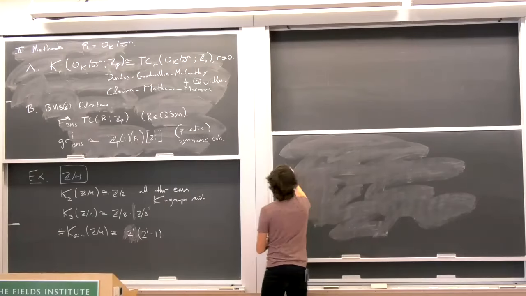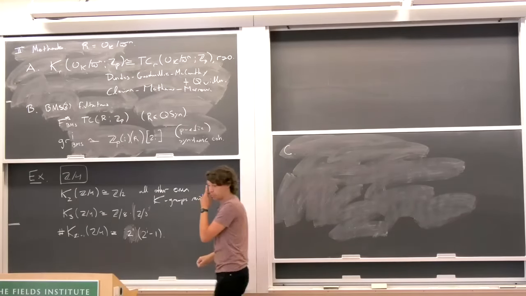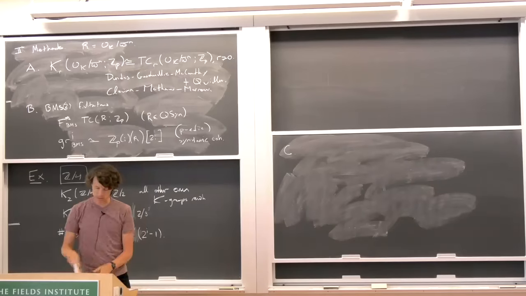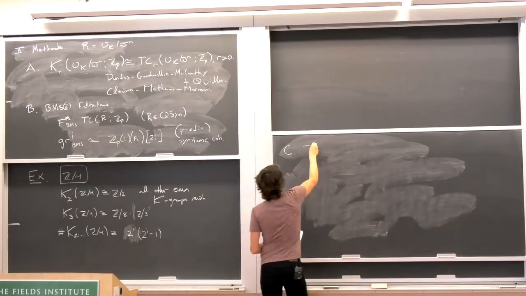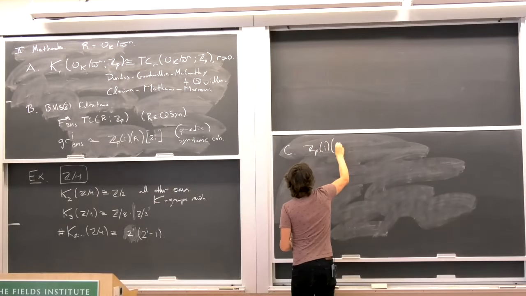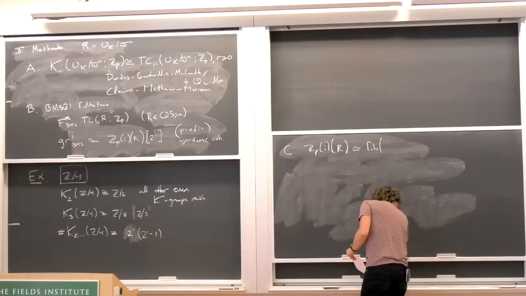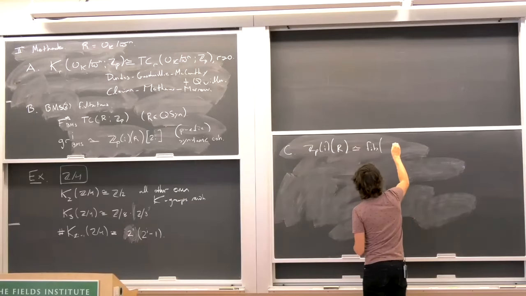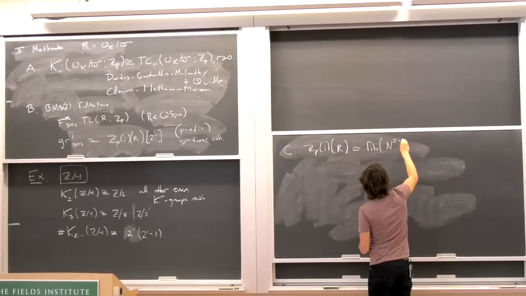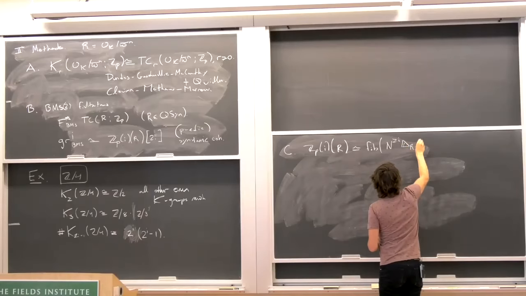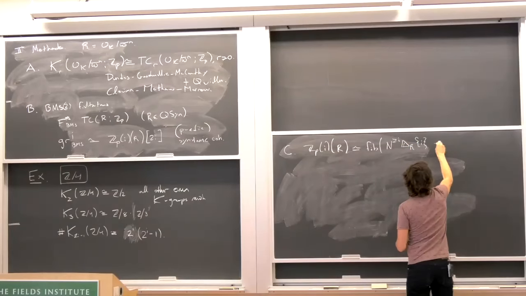Okay, C. What the heck are these prismatic syntomic complexes? I'm going to try to tell you. This is the fiber of a map from a bunch of symbols to another bunch of symbols.